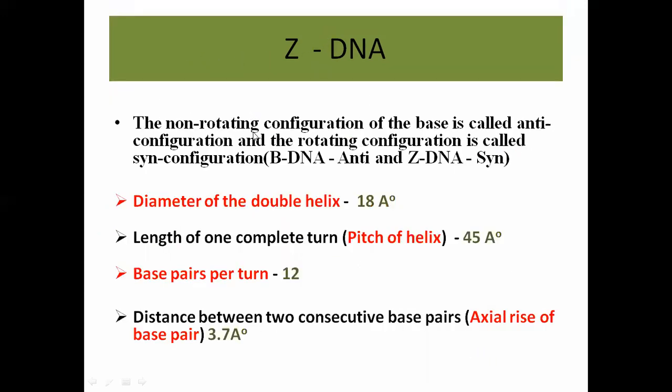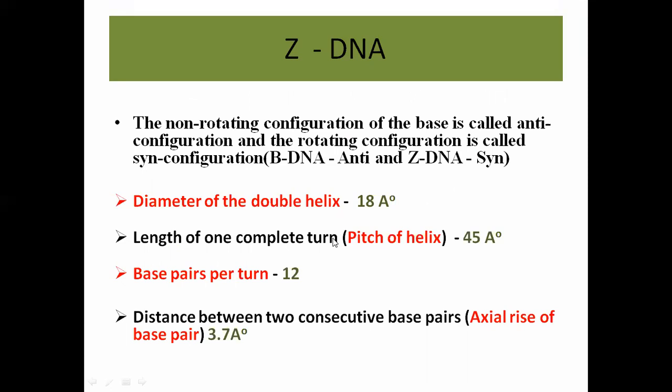Then the non-rotating configuration of the base is called anti-configuration and the rotating configuration is called syn-configuration. In BDNA the configuration is anti-configuration, and for ZDNA it is syn-configuration. What is the diameter of the double helix for ZDNA?